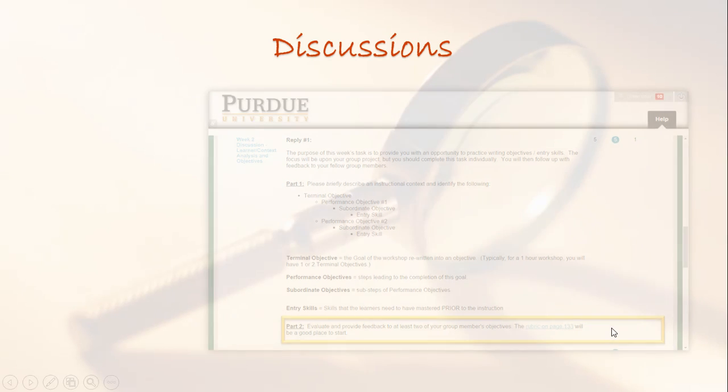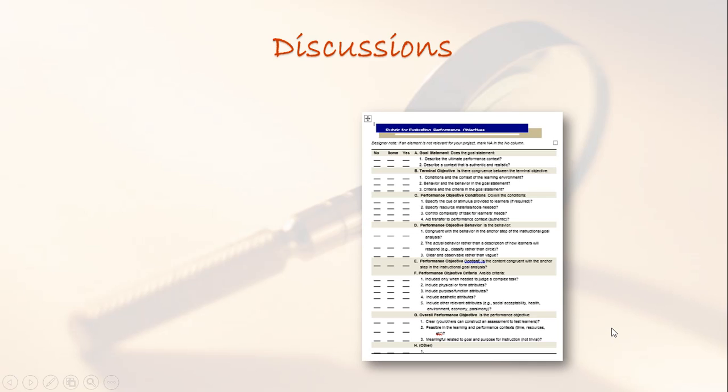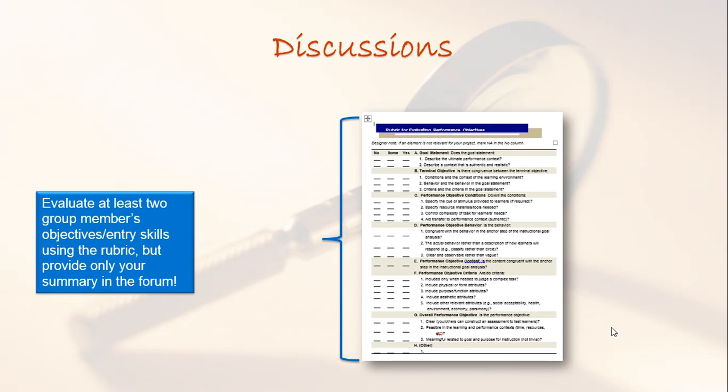You'll go through the rubric evaluating your group mates' objectives and answer the rubric for yourself, but provide only your summary in the forum. We don't want the details of your evaluation. We want the summary and the ideas for improving the objectives of your classmates.